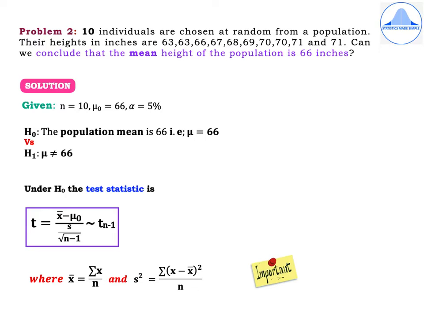So under H naught, the test statistic is t equal to x bar minus mu naught divided by s by root n minus 1, which follows t n minus 1. X bar is calculated using the formula summation x by n, and s square, that is the sample variance, is calculated using the formula summation x minus x bar whole square divided by n.